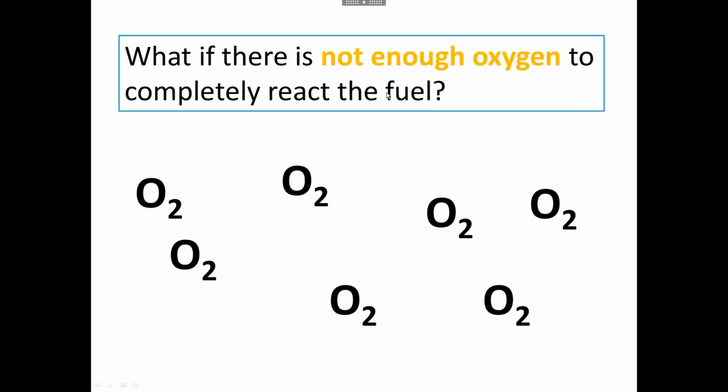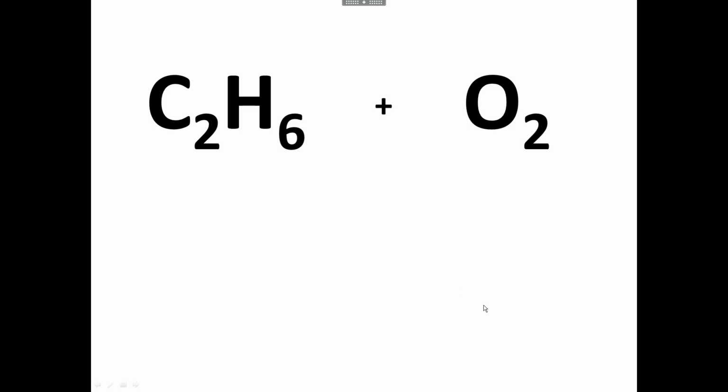But if there's not enough oxygen to completely react the fuel, then something happens called incomplete combustion. Okay, so if there's less oxygen, not enough to completely react the fuel, then what happens is something called incomplete combustion. Now, in incomplete combustion, the carbon joins together with one oxygen to make CO. That's called carbon monoxide.